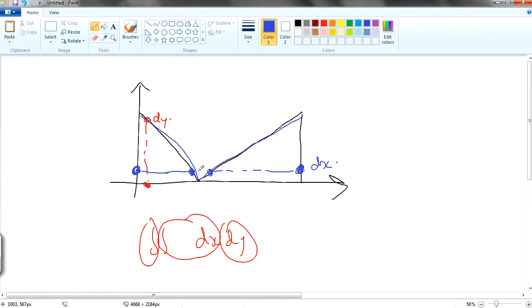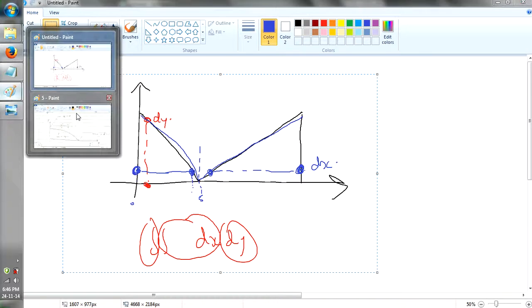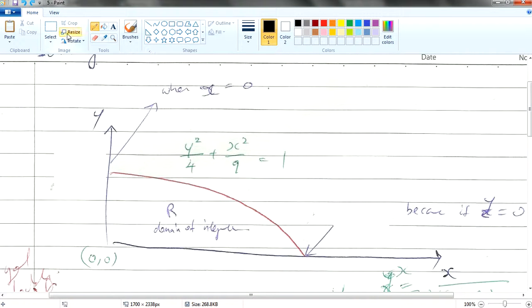Unless you take limits, unless your dx is also here, say this is 5 and this is 0, and you take the limit to a certain point, then anyway, you just accept it. This is what they always say. So this is so far how I realize things are dealt with.